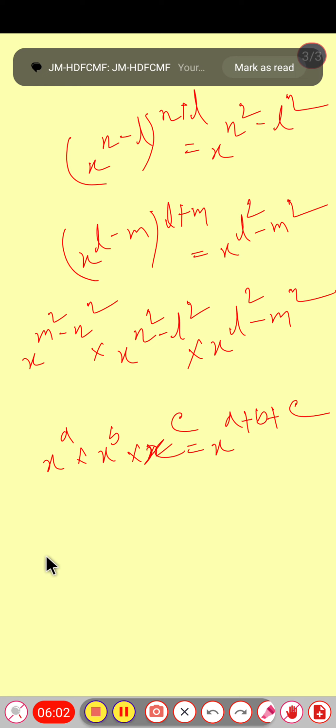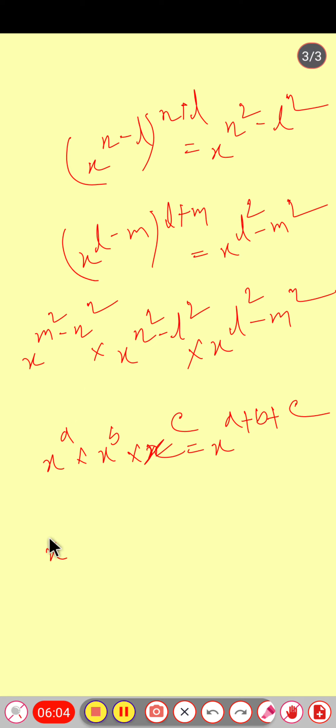So here x to the power m square minus n square, plus n square minus l square, plus l square minus m square, these powers will be added with each other.